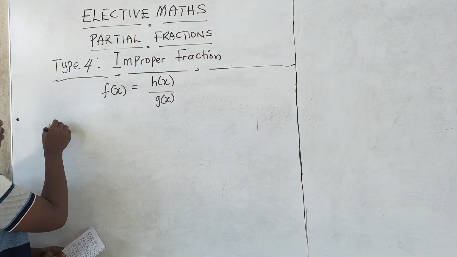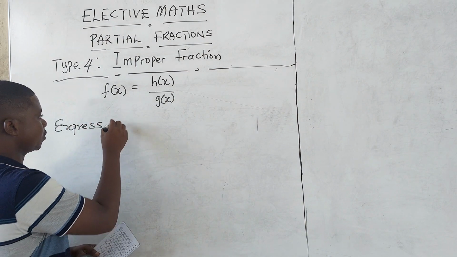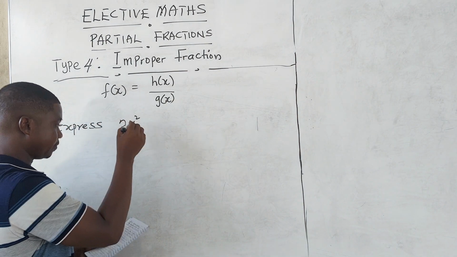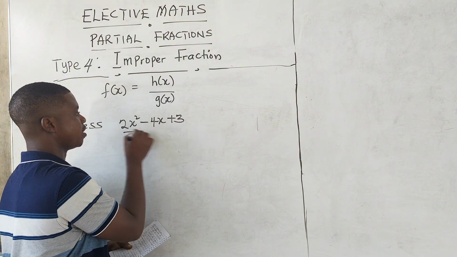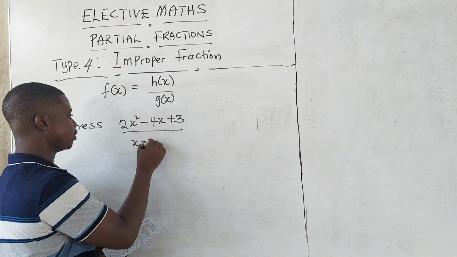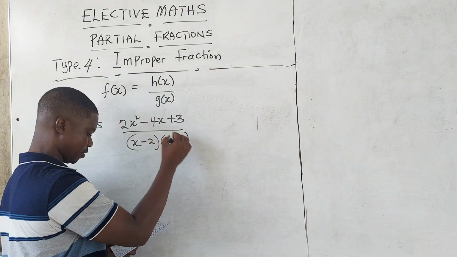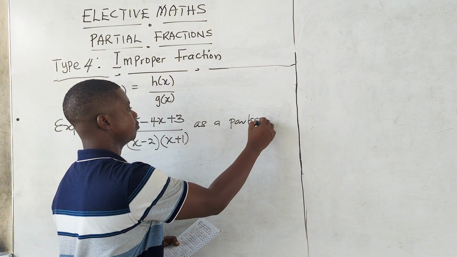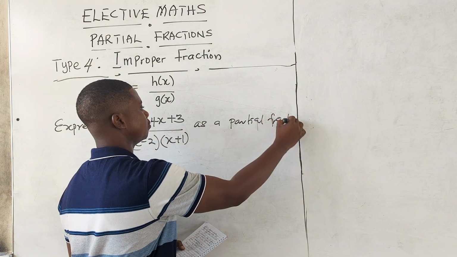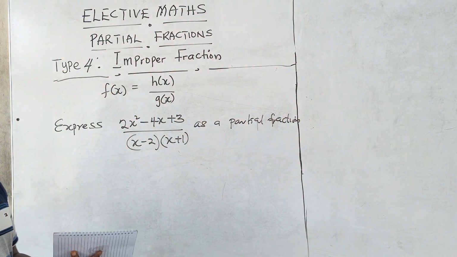So example, express 2x squared minus 4x plus 3 all over x minus 2, x plus 1 as a partial fraction.